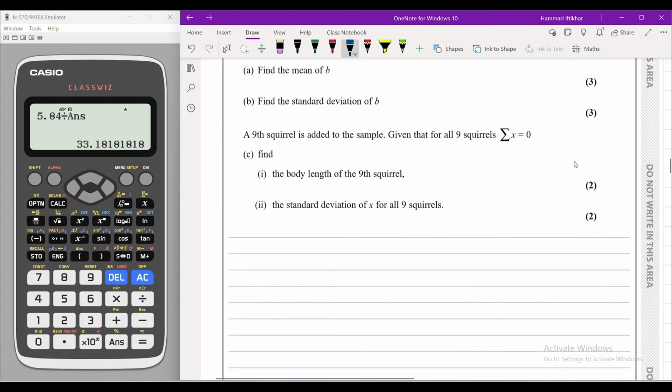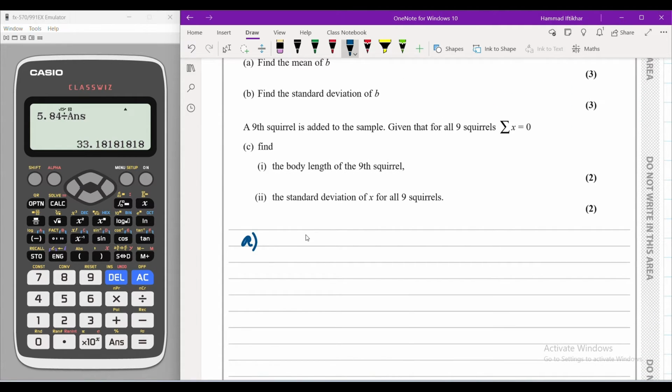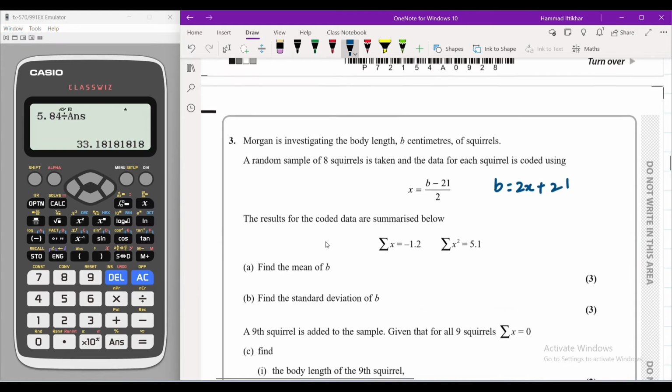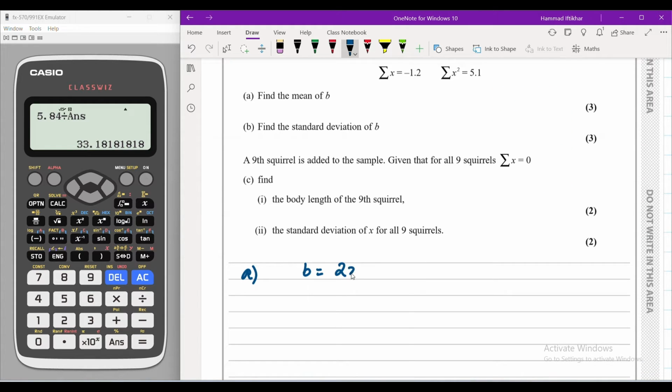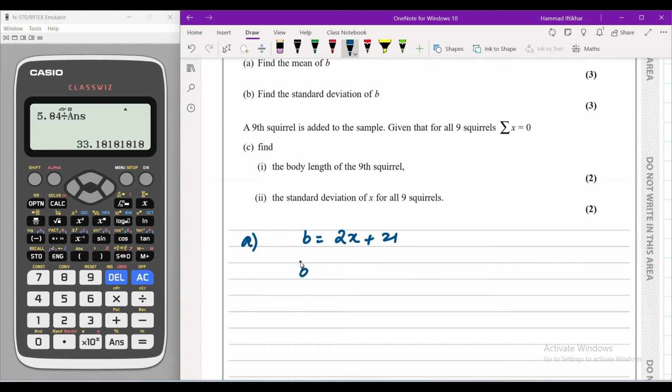Okay, so for the mean of b, we will use this equation that I've just written, 2x plus 21. So mean of b is related to the mean of x by simply this formula.